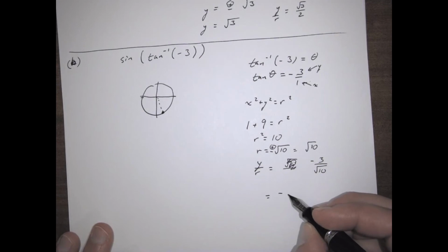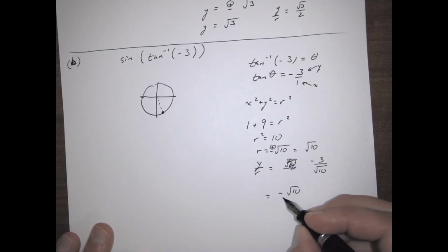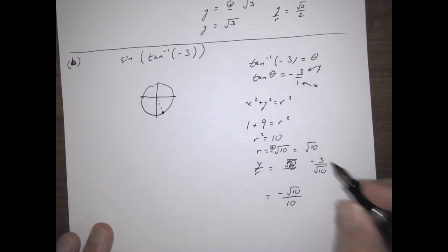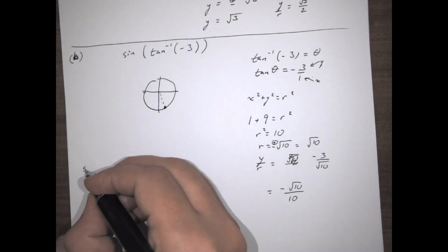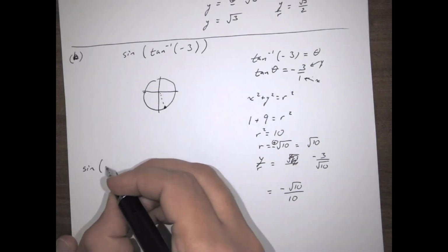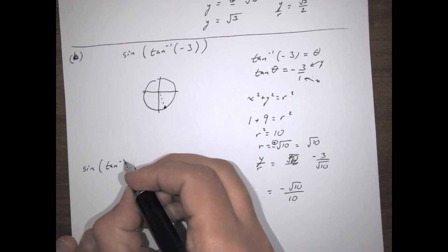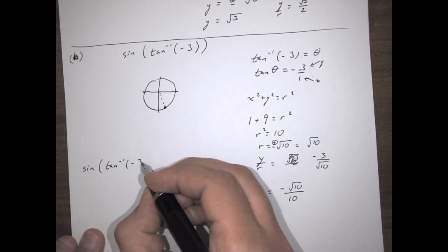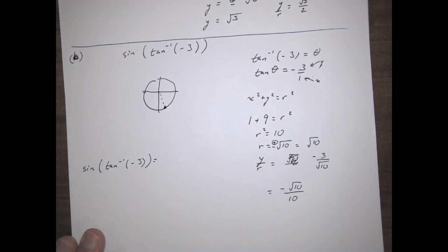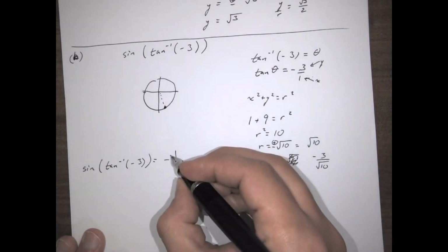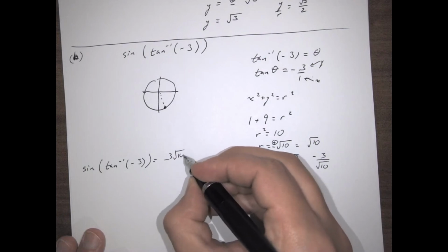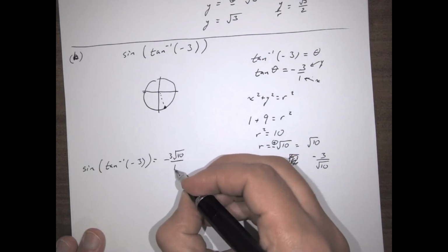So it's negative 3 root 10 over just 10. Okay. So the conclusion: sine of tangent inverse of negative 3 is equal to, oops, sorry, I lost my 3, negative 3 root 10 over 10.